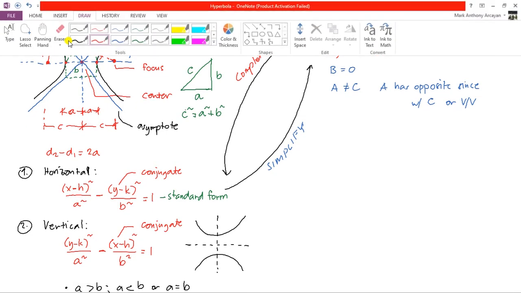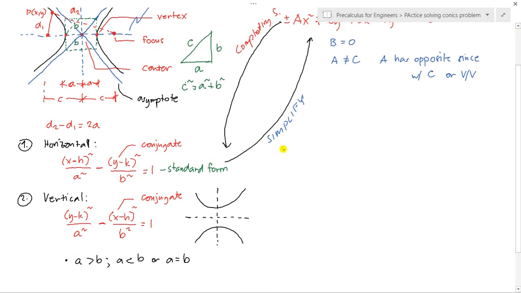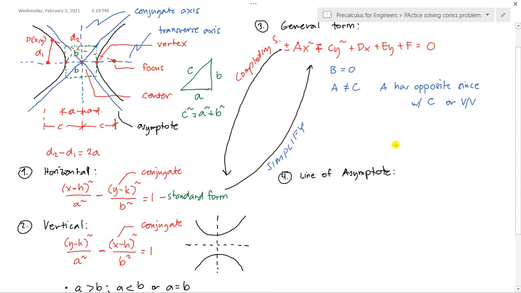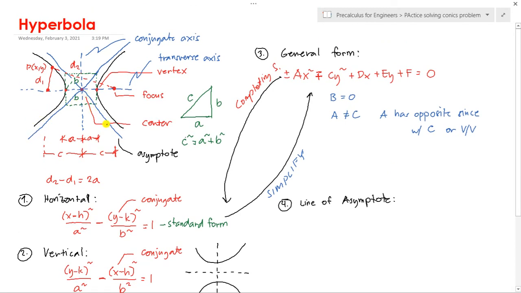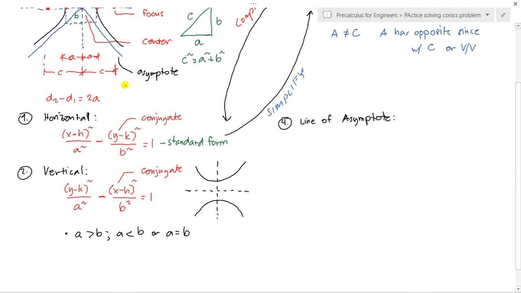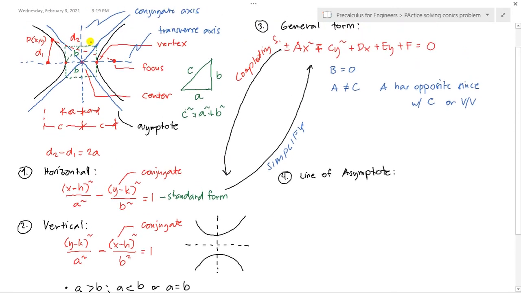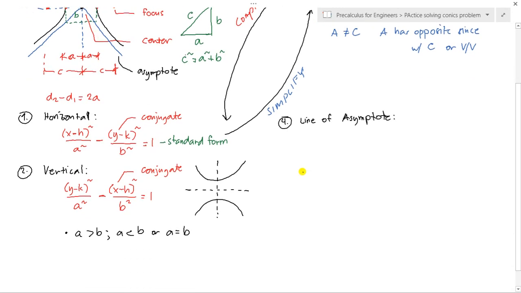Then next, ikaapat na principle na ma-apply sa hyperbola is ang tawag nga the line of asymptote. Ang iyang derivation ana is, if we're going to have these 2 points, including ang center.